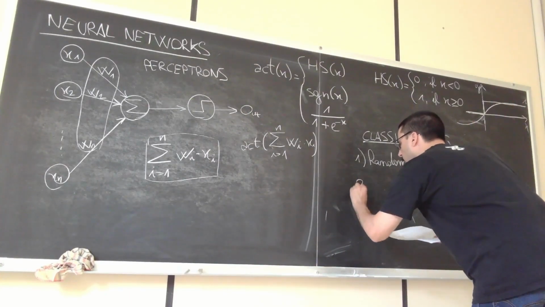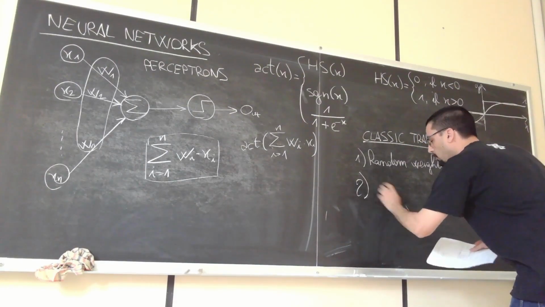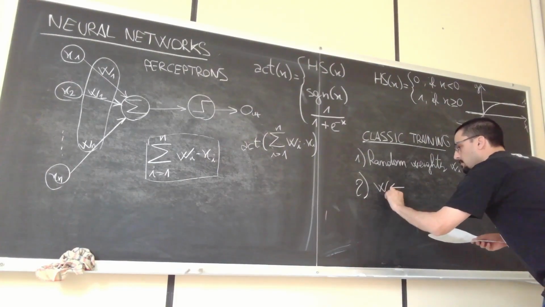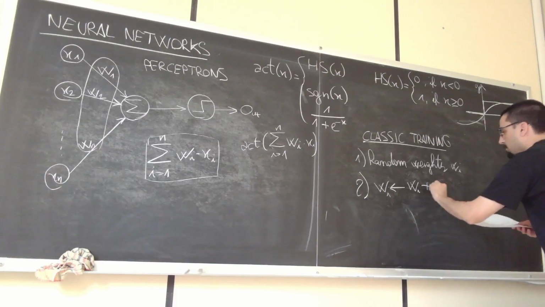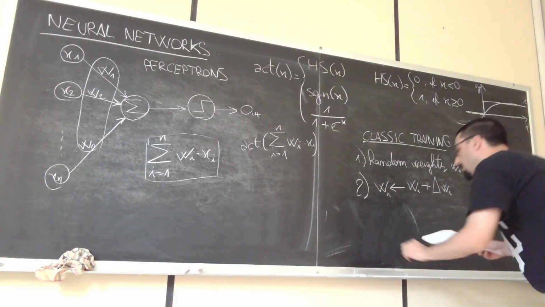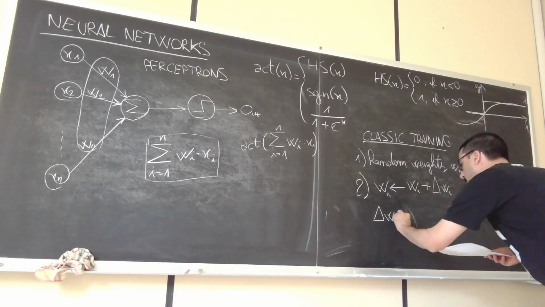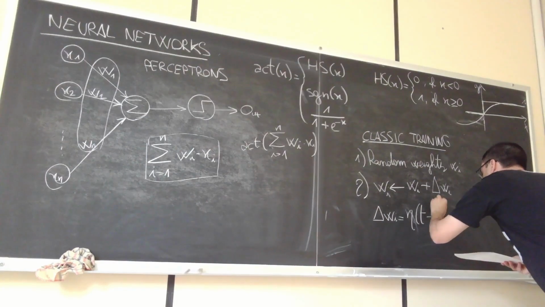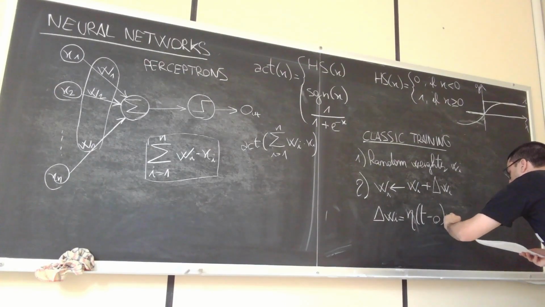So we will do an update of all our weights. For all weights Wi, we will have something like this: Wi becomes Wi again, plus a delta Wi, which is equal to eta times (t minus o) times xi.